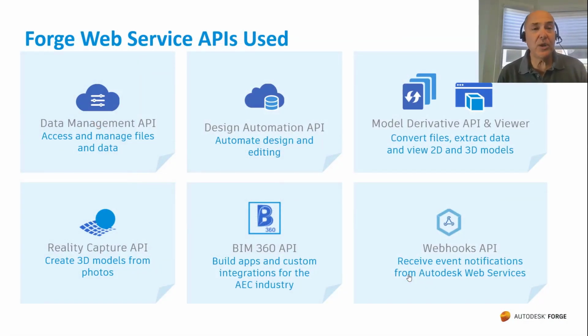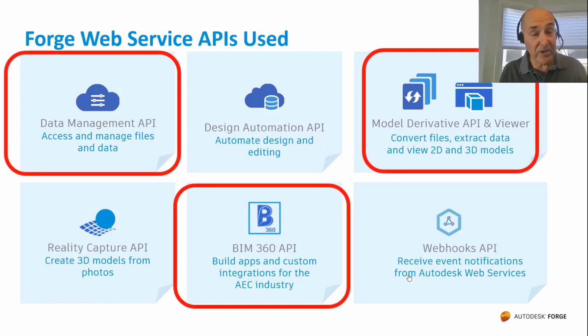Again, you may go, so what Forge web services were being used? Along with digital twins, this bigger stack of technology runs from sensors that may have been built by Texas Instruments to middleware like Microsoft's Azure Digital Twins, to middleware from GE, from Johnson Controls, from Honeywell, from Schneider. The other parts that are being provided specifically by Forge in these demos I've been showing you is data management, so moving files and models back and forth.